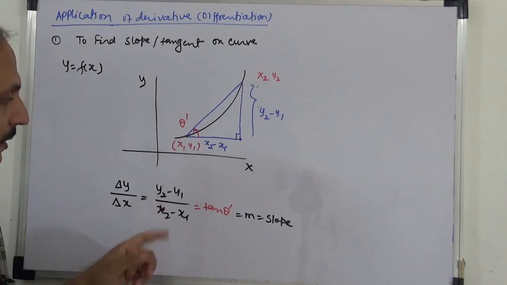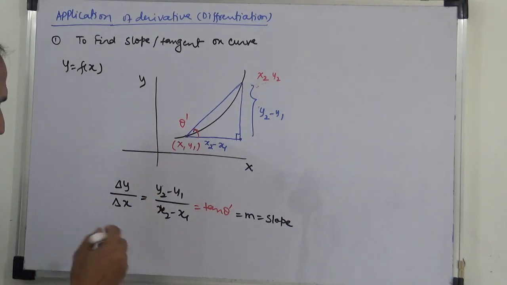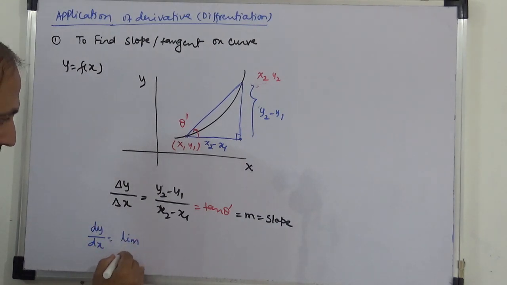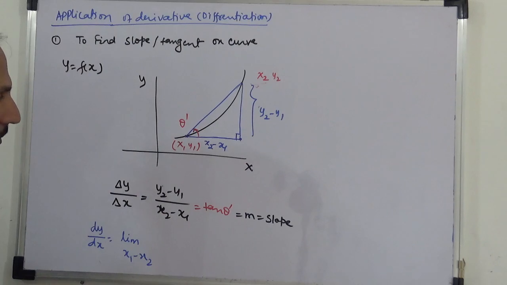Now when we have to write dy by dx, what we do is take the limit x2 tends to x1.